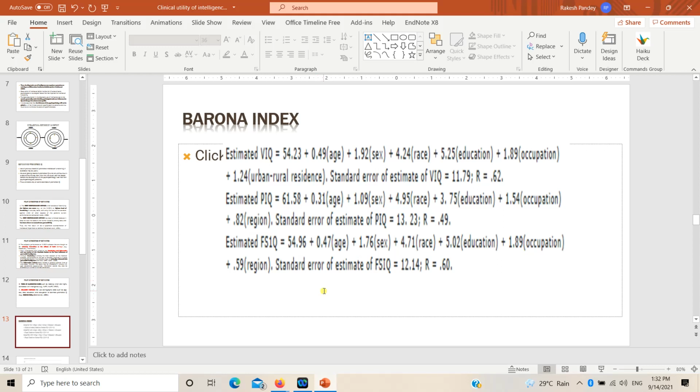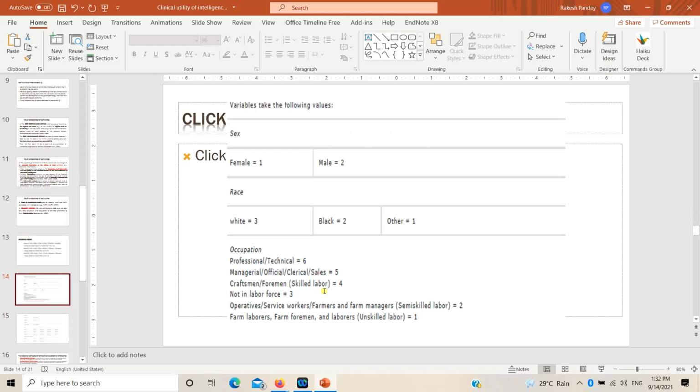I am just showing, and I will share the PPT so you will have access to this. And what should be the numerical value for different race, education, occupation? Barona has defined that also. For example, if you are a female, then you will get a score of 1, and male a score of 2. It means Barona has given more weightage to male compared to female.